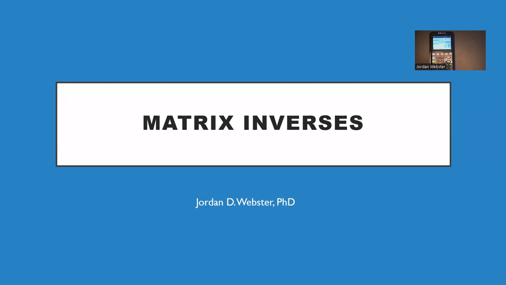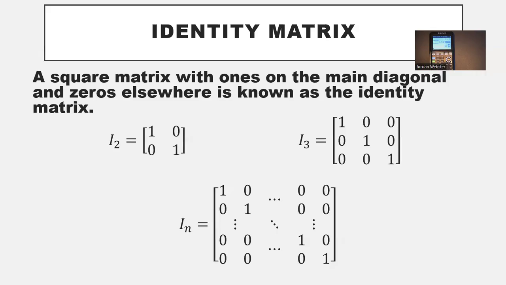Okay. Now, before we get to the concept of a matrix inverse, I'm going to start with the concept of an identity matrix. The identity matrix is a square matrix where the main diagonal is 1 and there are zeros elsewhere. You'll notice that in the nice row-reduced echelon form of the systems we were dealing with, we had essentially the identity matrix and then another column.